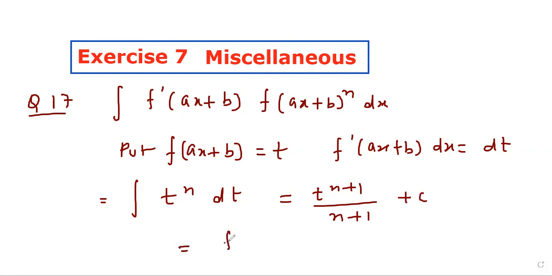That is f(ax plus b) power n plus 1 divided by n plus 1 plus c.